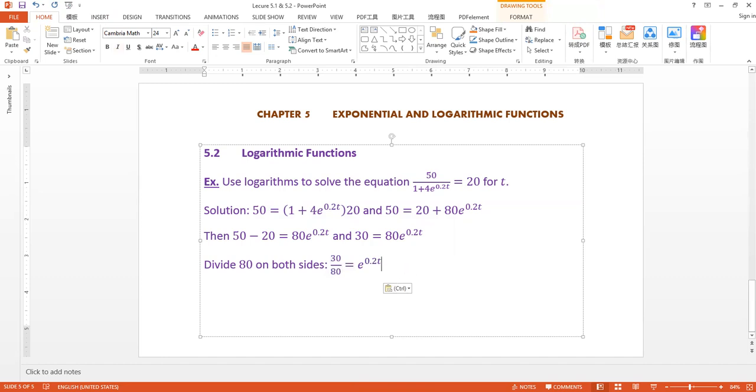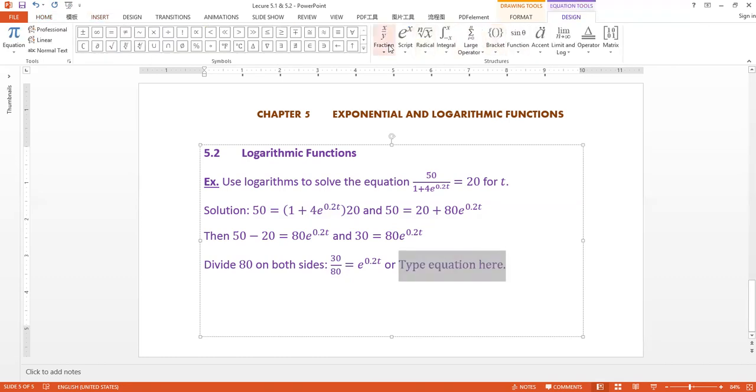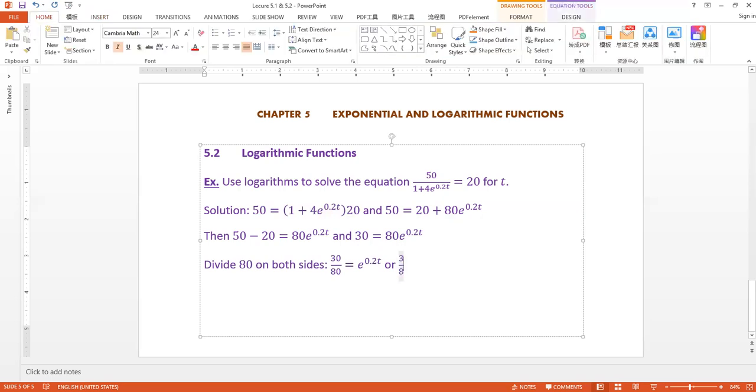And we can simplify the left hand side. So we can rewrite the left hand side as 3 over 8 if we just cancel 10.